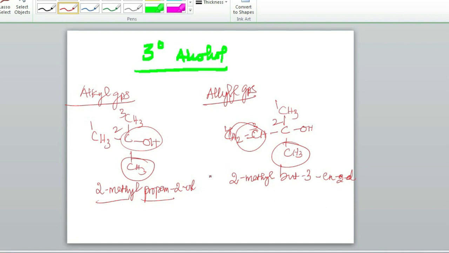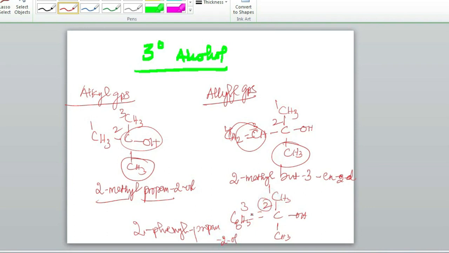In the case of the benzyl group, we give C6H5, C single bond, CH3 and OH. The name is the same, 1, 2, 3: 2-phenylpropan-2-ol.